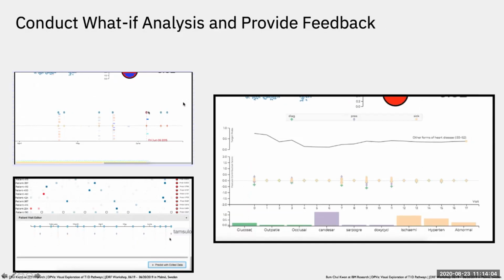Users can also edit data values for a particular patient to conduct what-if analysis. As a result, the model view shows red dotted lines, which indicate that the changes made by the users resulted in higher risk prediction scores across the timeline.